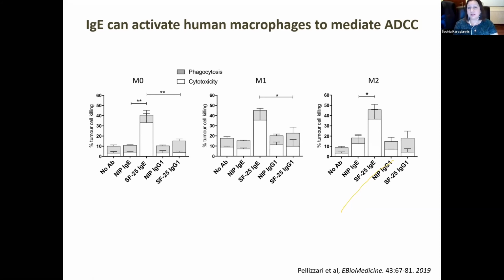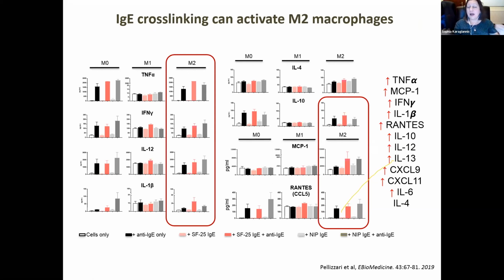And indeed, when we looked at the cytokine milieu found in the tumor microenvironment in the context of anti-tumor immunity triggered by IgE, we found that these macrophages, especially the M2 phenotype, but also the M1, had a very interesting pro-inflammatory mediator activation: TNF-alpha, interferon gamma, IL-12, IL-1 beta, not IL-4, but also IL-10, MCP1, which is a massive chemoattractant for macrophages, and RANTES.